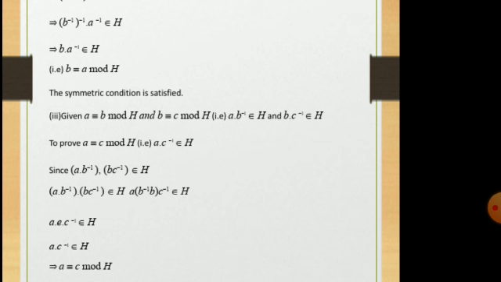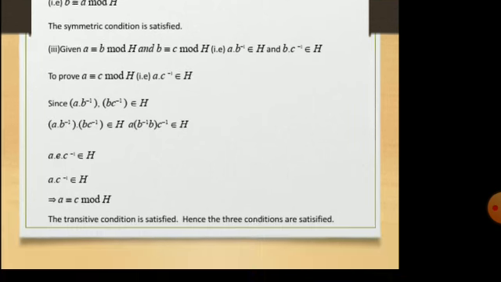So a · e · c inverse is nothing but a · c inverse belongs to H. That is a is congruent to c mod H. So the transitive condition is also satisfied.